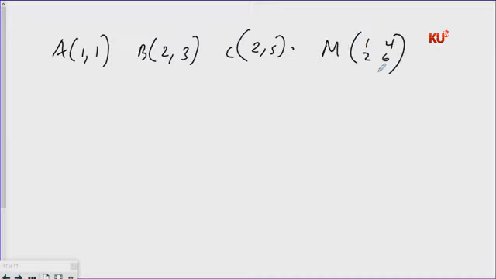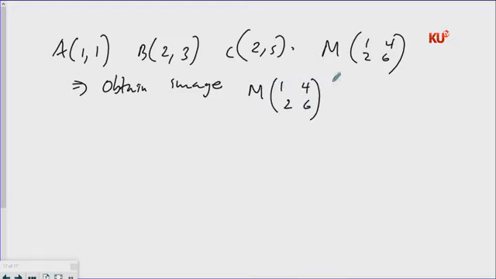So the procedure will be to obtain the image. And how do you get the image? You pre-multiply the matrix M, that is 1, 4, 2, 6, by 1, 1, 2, 3, 2, 5.